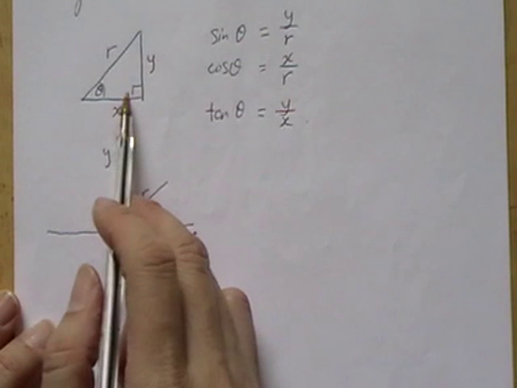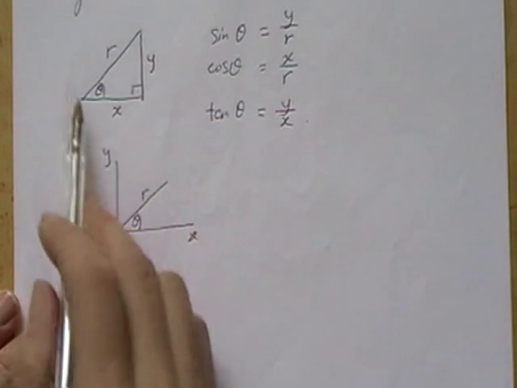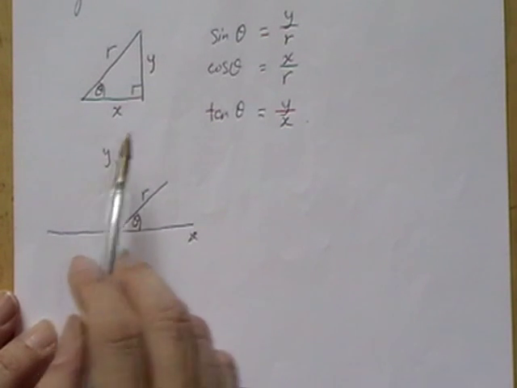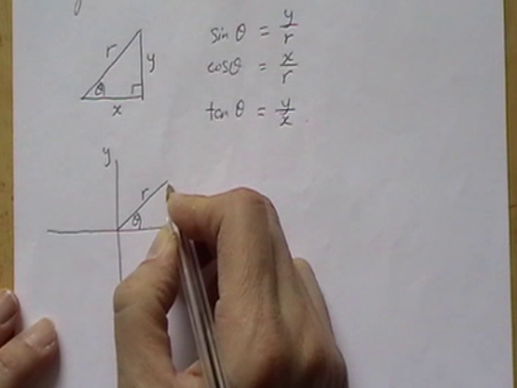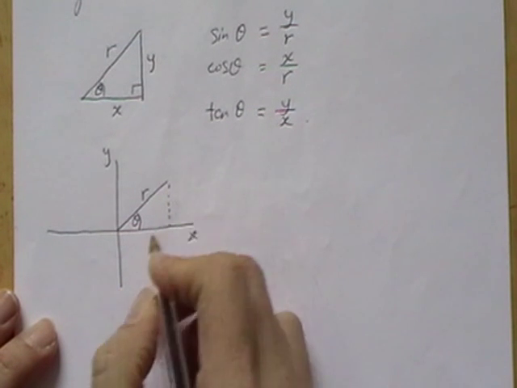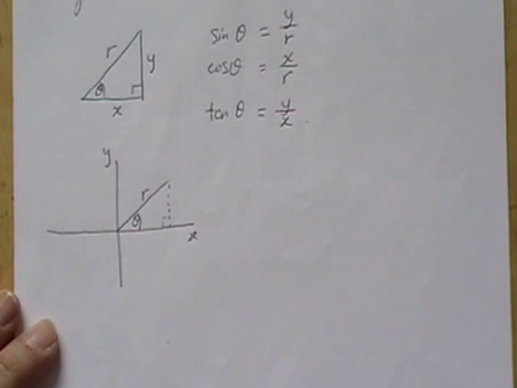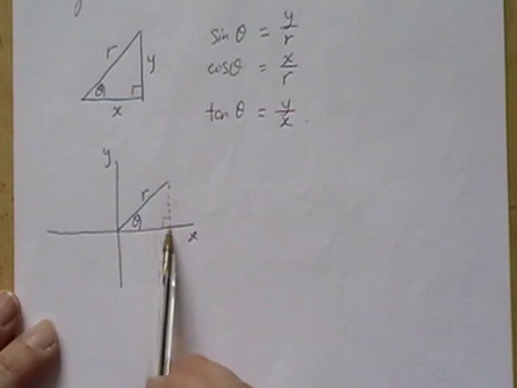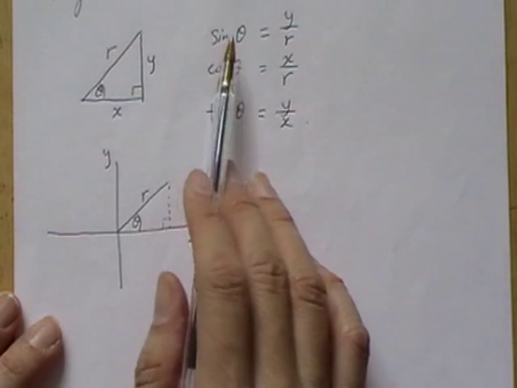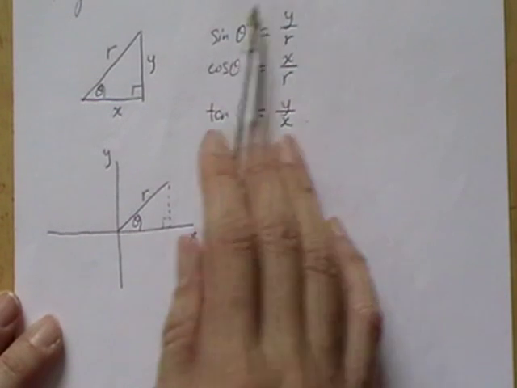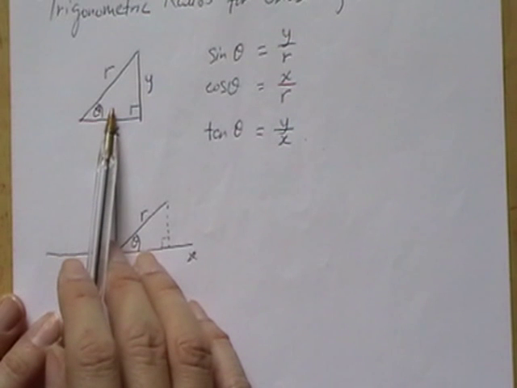Then I can actually take over the meaning. We can take over the meaning of these equations and draw a right-angled triangle here, like that. Then using this right-angled triangle, the sine, cosine, and tangent can have exactly the same meaning as they were defined using the right-angled triangle.